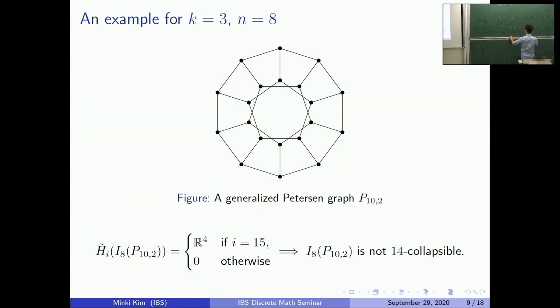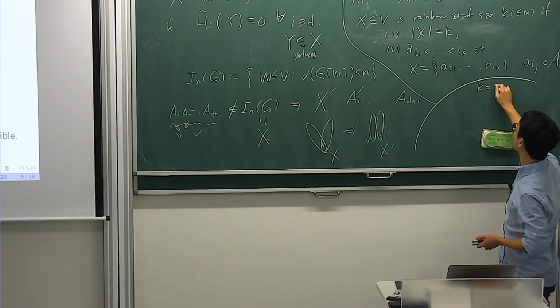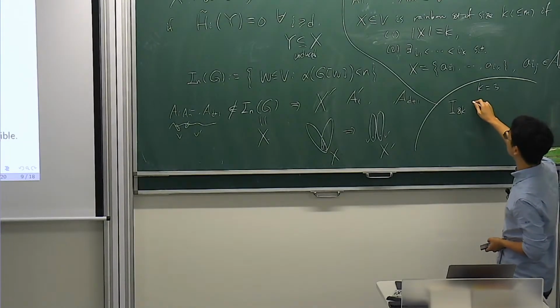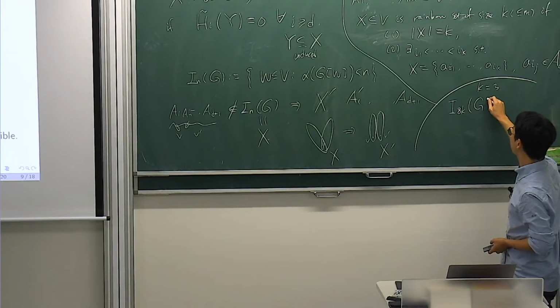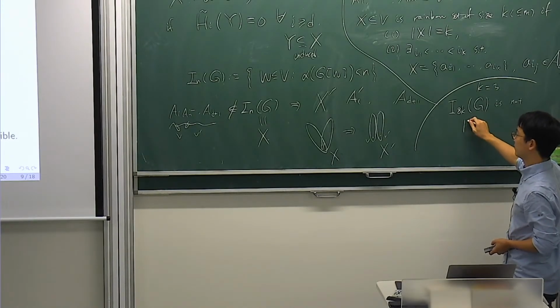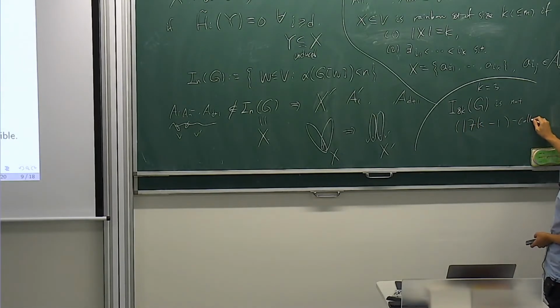By taking the disjoint union of k copies of this graph, we can obtain, when k equals 3, an example showing that I_{8k}(G) is not (17k minus 1) collapsible. This could be minus 2.